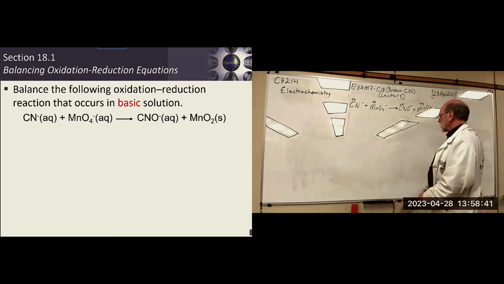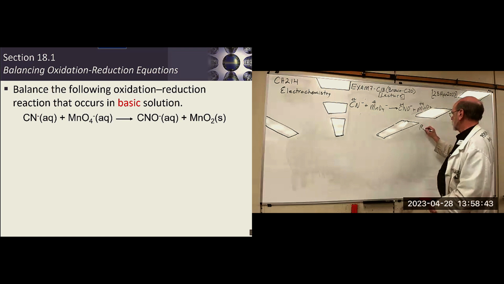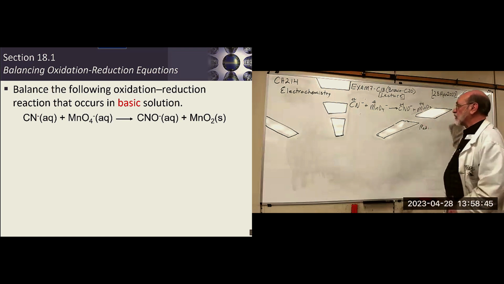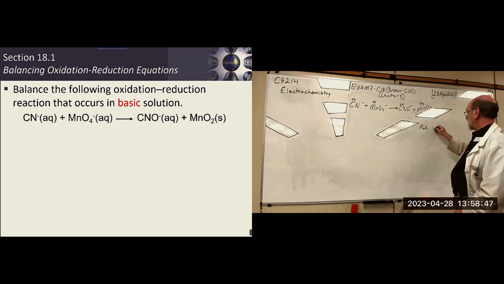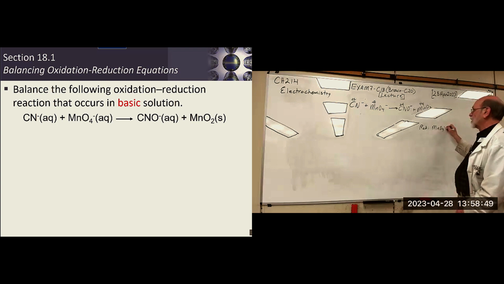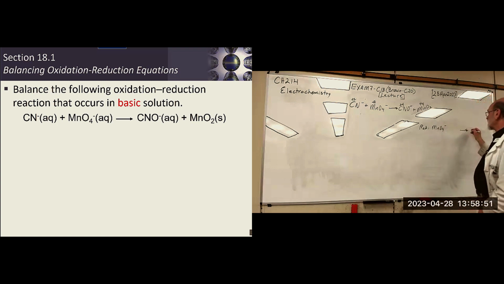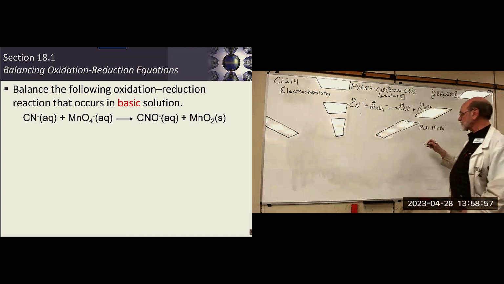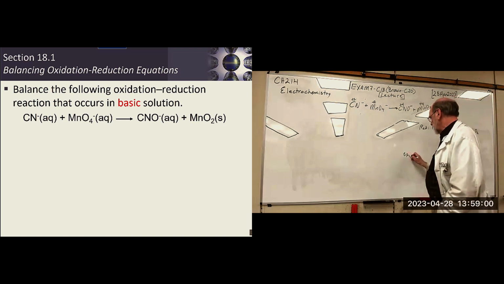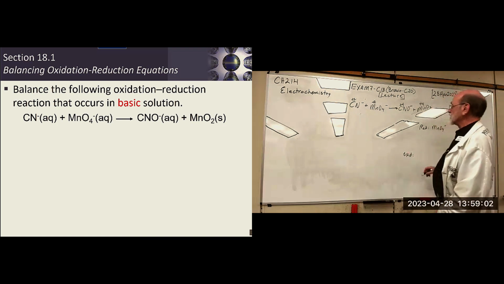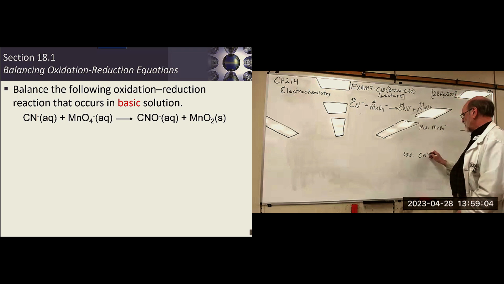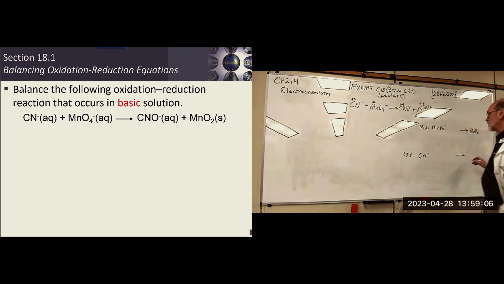So the reduction step is going to be MnO4 minus, and it's going to yield MnO2. And the oxidation step is going to be CN minus, and it yields CNO minus. Okay.